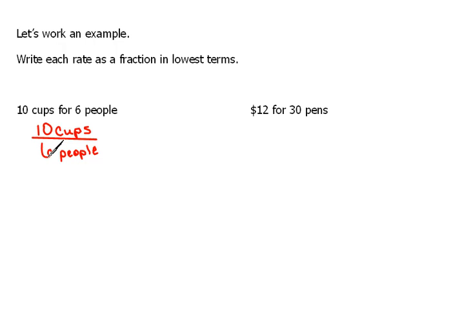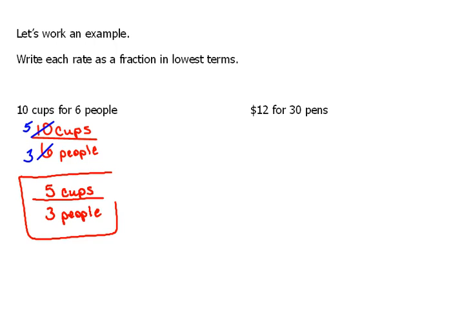So we could go ahead and cancel that out, top and bottom. So 2 goes into 10 5 times, and 2 goes into 6 3 times. Now we can't cancel our units, of course, because those are different units. So we could simplify this as 5 cups to 3 people. And that would be our simplified rate.